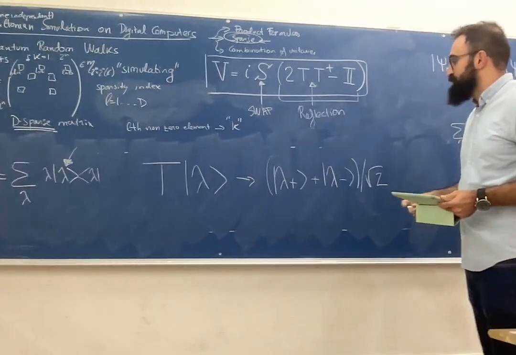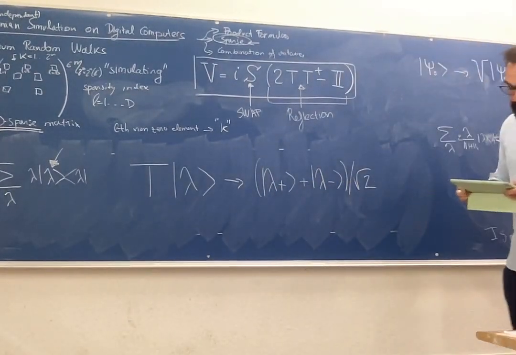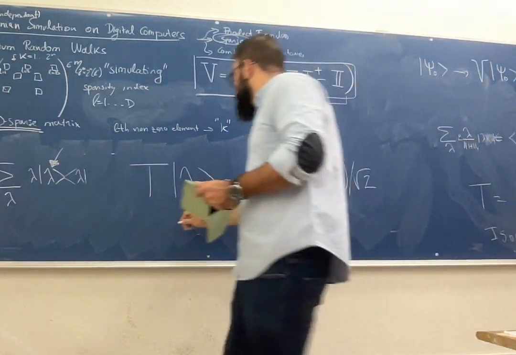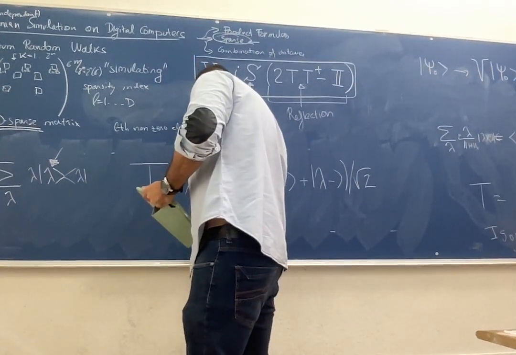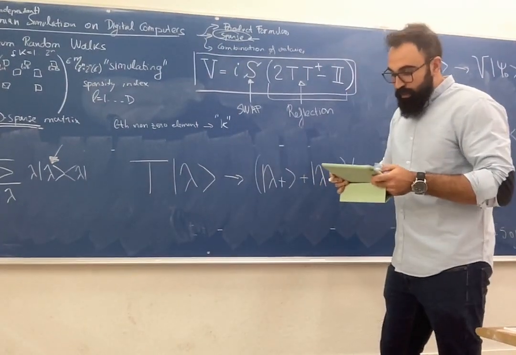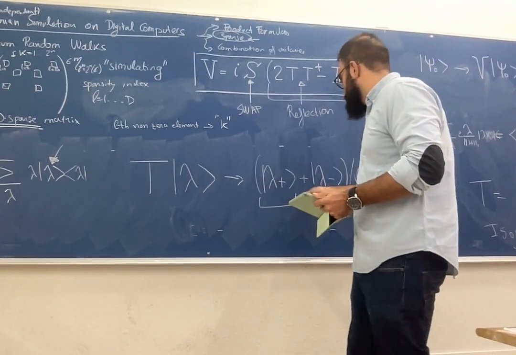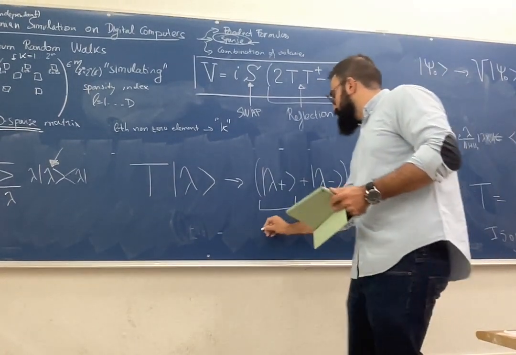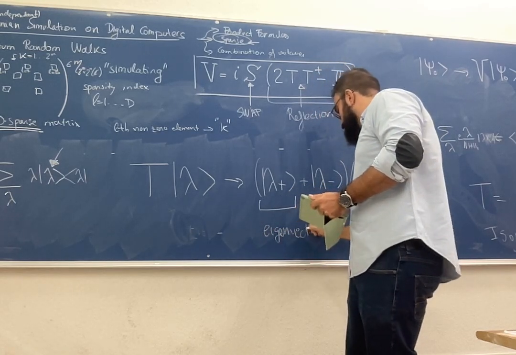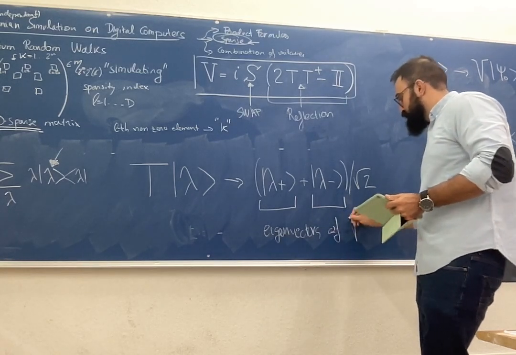The thing is that these two guys here are eigenvectors of the quantum random walk.